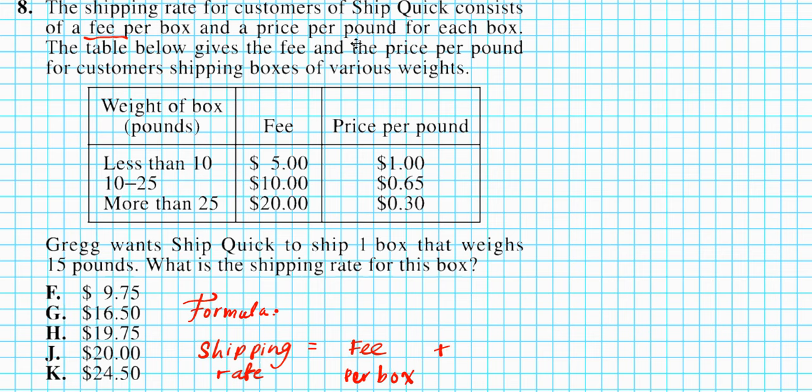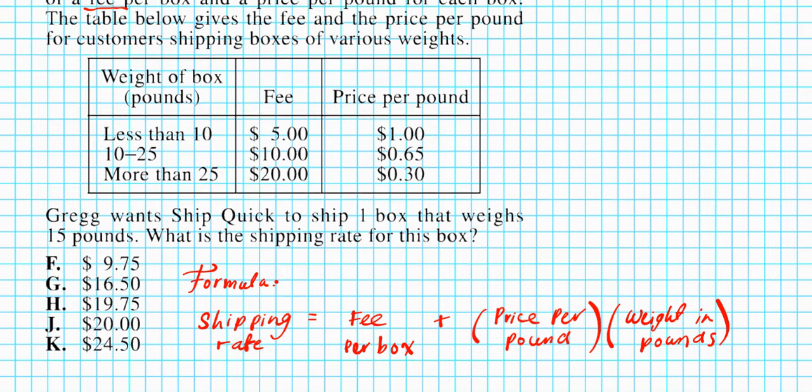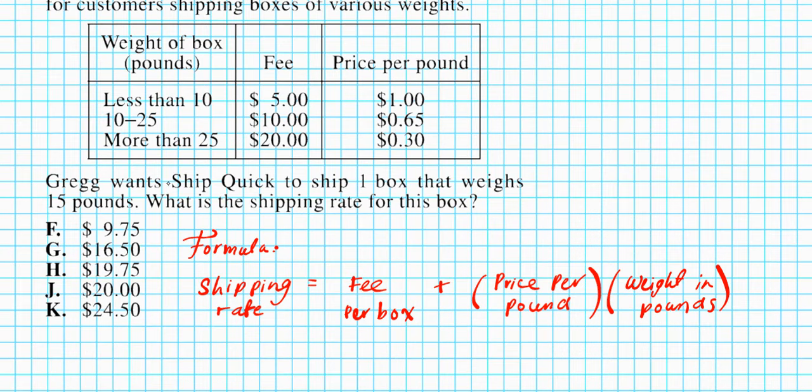Price per pound. So what you simply do is you take the price per pound determined by looking at the amount of pounds you have and then going to this table, and then of course you're going to multiply the price per pound by the weight of your box in pounds. Okay, so this is the formula that can be used to calculate the shipping fee for anybody trying to ship with this company.